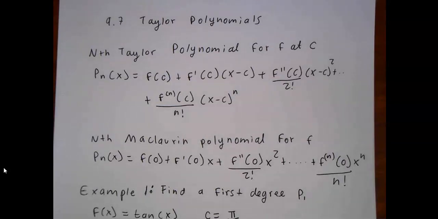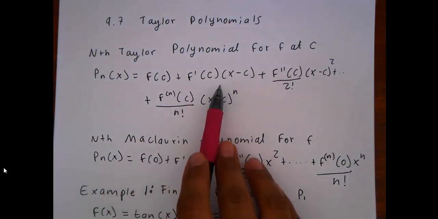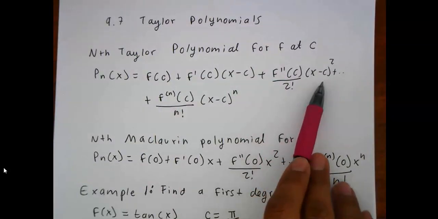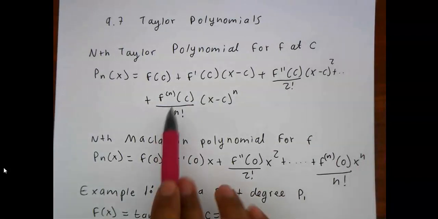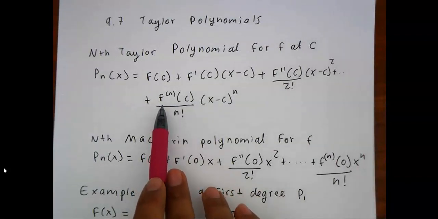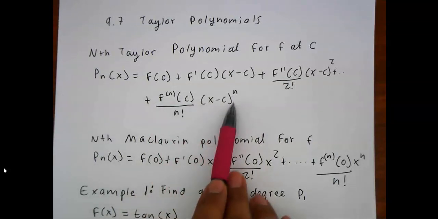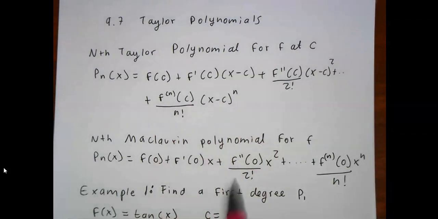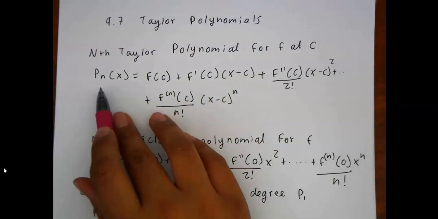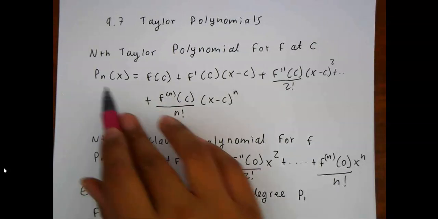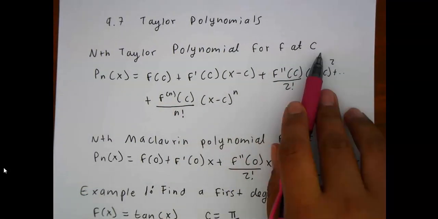That is the polynomial function of x: f of c plus the first derivative at c times (x minus c), plus the second derivative at c over 2 factorial times (x minus c) squared, and you keep going all the way to the nth derivative at c over n factorial times (x minus c) to the nth power. Depending on what nth number they tell you, what polynomial they want. They give you the function and they give you the point c.